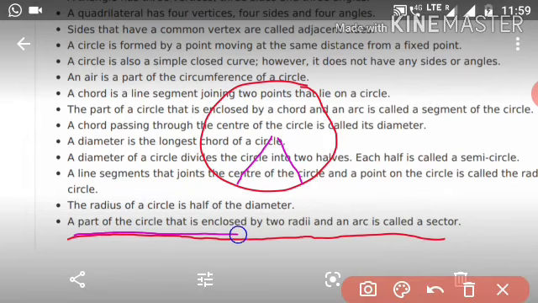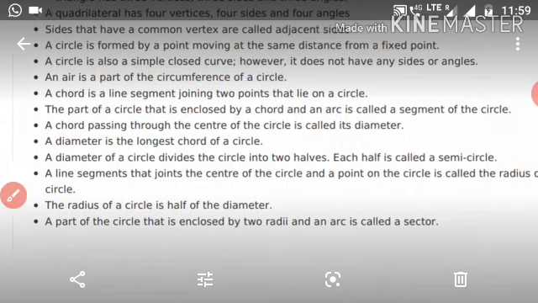This is one radius and this is another radius. This part is enclosed by two radii and an arc. In plural, radius is written radii. So this part is called a sector of the circle.